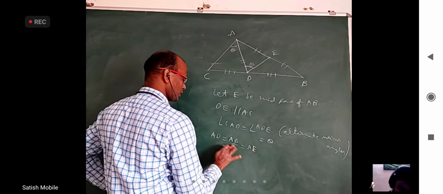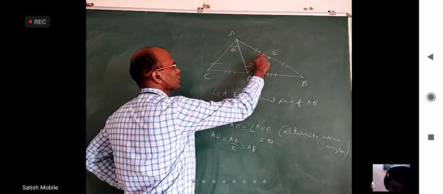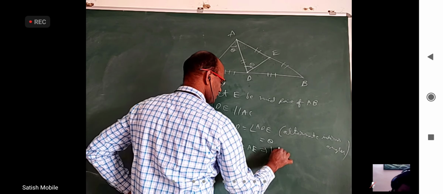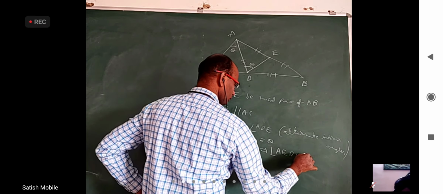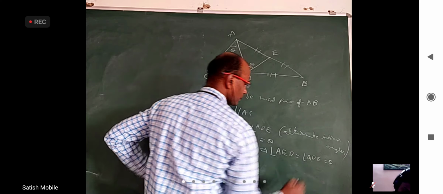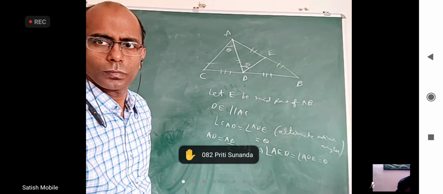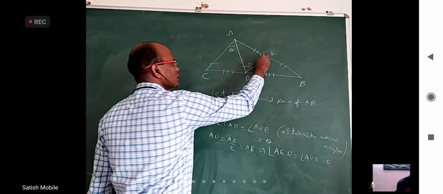That's how E is the midpoint. Now, because of that, even this is also theta. This implies angle AED is equal to angle ADE, which is also theta. Okay. Now, this is theta.